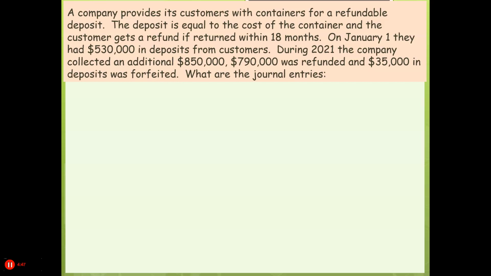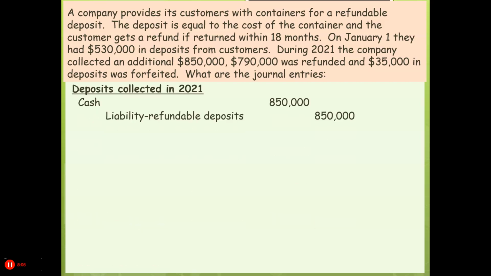So, on January 1st, they had deposits on hand of $530,000. During the year, they collected an additional $850,000. They refunded $790,000, and they wrote off $35,000 that were forfeited because the people kept the containers longer than 18 months.